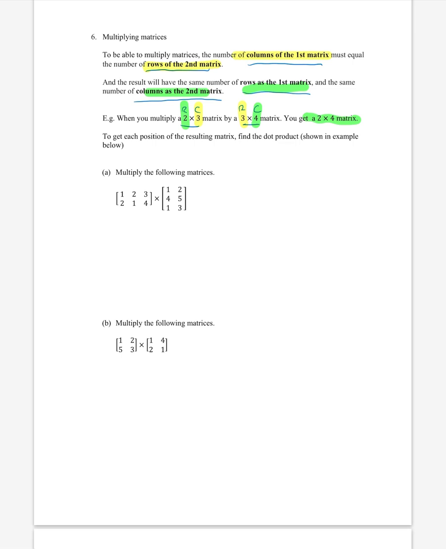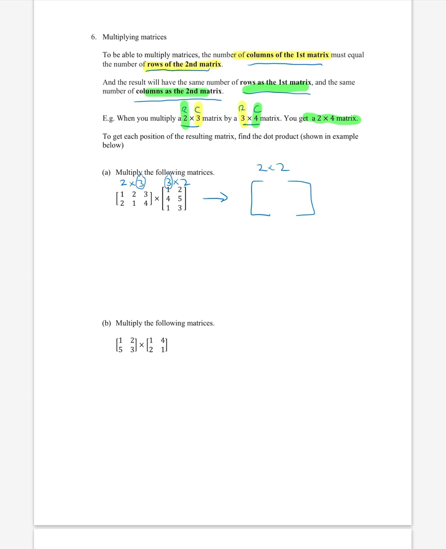Okay, so in this example, we've got a 2 by 3 matrix times by a 3 by 2 matrix. And yes, this works because the columns of the first match with the rows of the second, and our resultant matrix is going to form a 2 by 2. So we're going to get some sort of 2 by 2 matrix here. Now, what is going to go in each position?